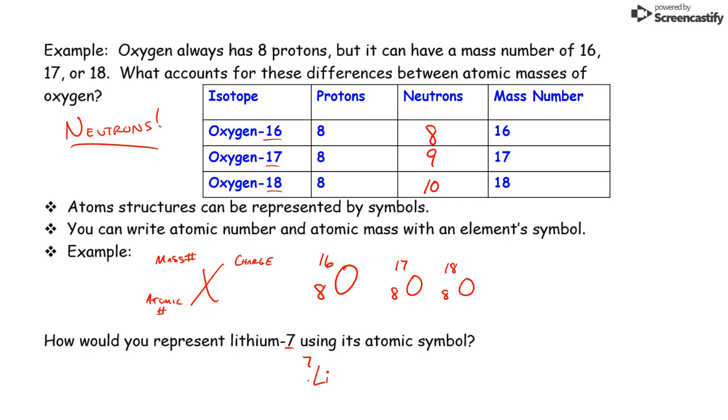And so as you're looking at your periodic table, you should notice that the atomic number for lithium is 3. And so we can write that just below our 7 there as our atomic number. And so this is, remember, what we call isotopic notation. And so this is how we show the different isotopes that exist for various atoms or various elements.